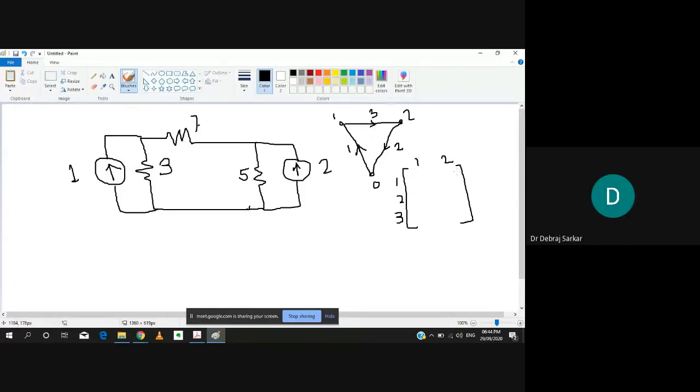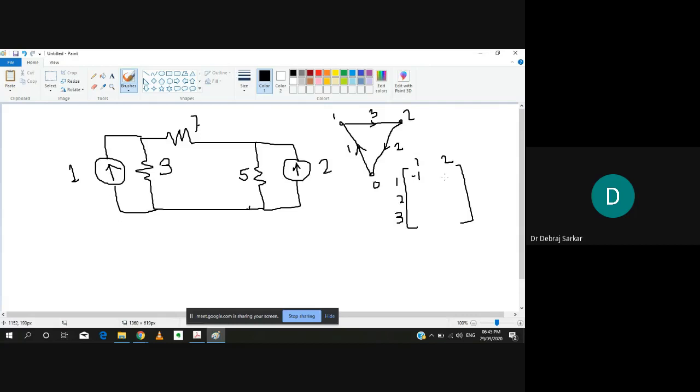Minus 1. Why? The current is towards node 1. The first element is connected to the first node and the direction is inward towards the node, so obviously it is minus 1. You have to answer like that.